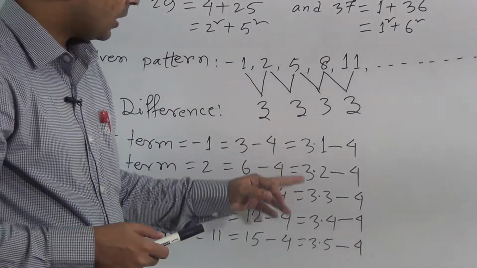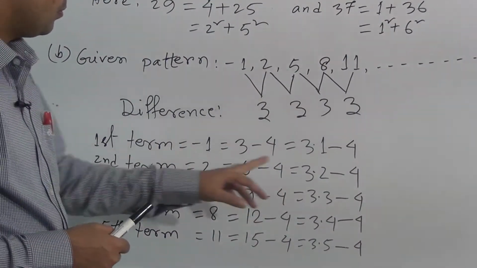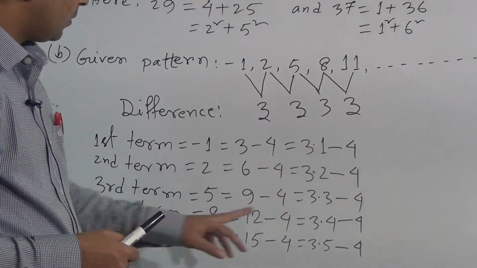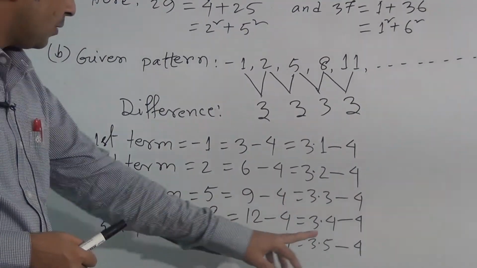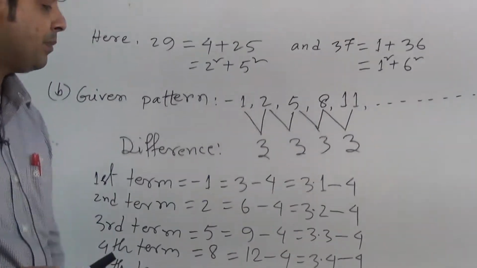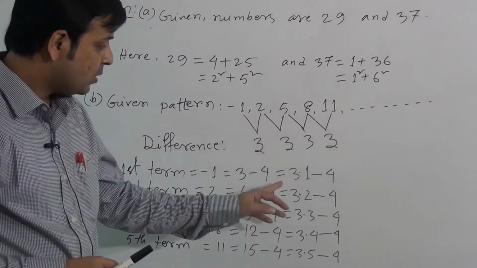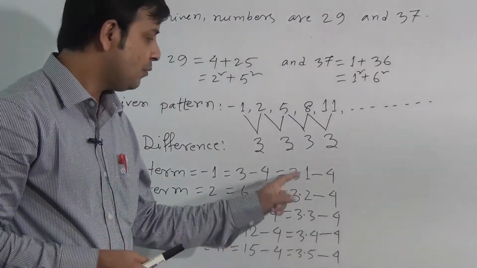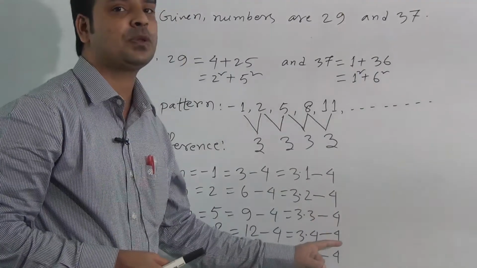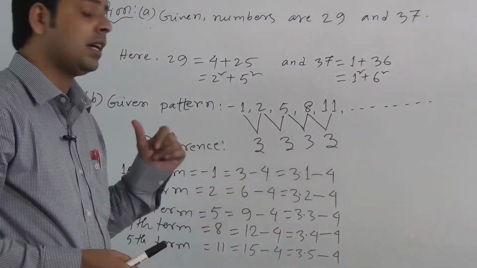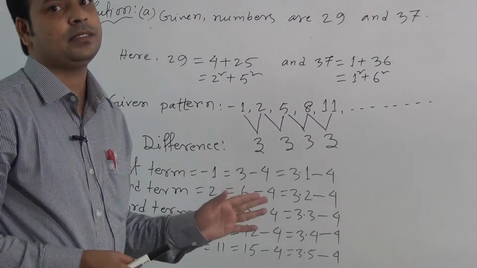Dear students, now see, in all the terms here, first term 1, second term 2, third term 3, fourth term 4, fifth term 5. Dear students, what does it mean? It means that we are always multiplying the difference by the number of the term, and if we subtract 4 from the product, we get the given term of the pattern.